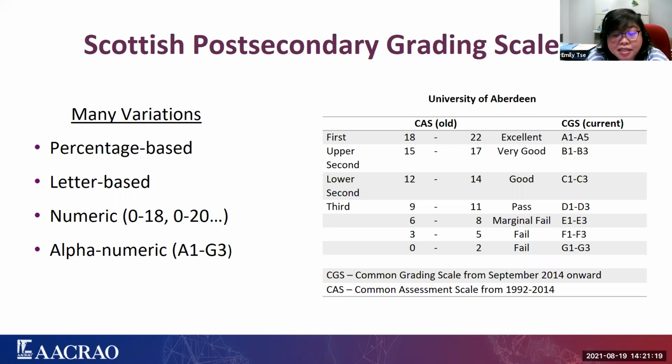Again, your A, B, C, D. But because previously it was out of 22 points, if you will, they wanted to be able to make further distinctions. So A was further drilled down to A1 through A5, B was further drilled down to B1 to B3, and so on and so forth. So that's what we have for the Scottish post-secondary grading scales. The takeaway is that there's a large variety and you really need to consult the transcripts.